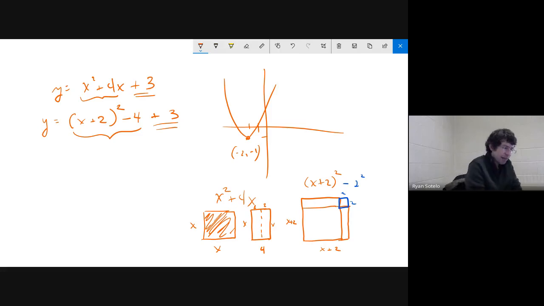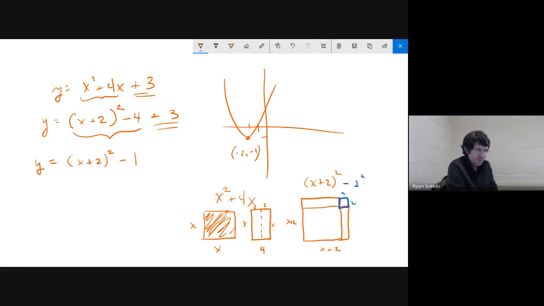All right, so to rewrite that, I have y is equal to the perfect square, and then if I combine these constant terms, minus 4 plus 3 makes minus 1. That's officially vertex form.